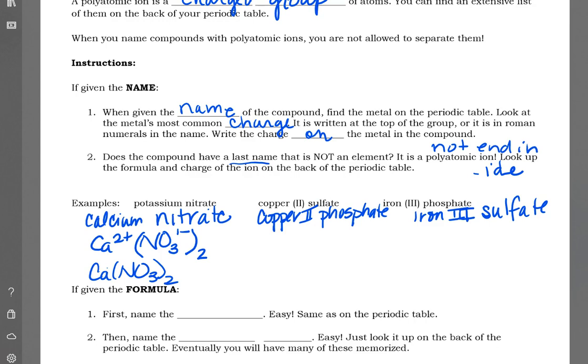Second one, copper, again, is a 2 plus. Phosphate, we learned earlier, is a PO4, not PO3. That would be phosphite. It has a -3 charge. Now, if it was nitride instead, nitrogen with a -3 charge, well, again, we have our algebra problem.